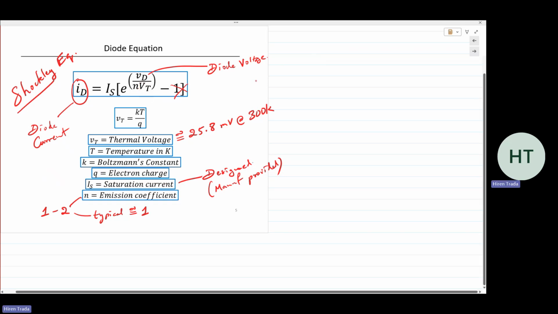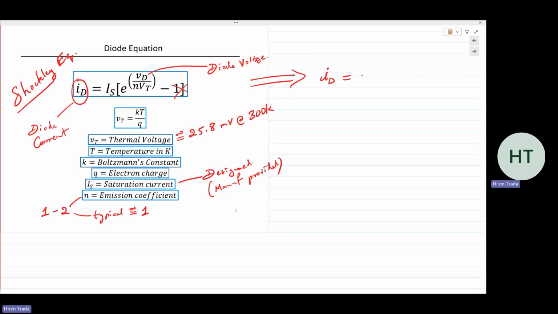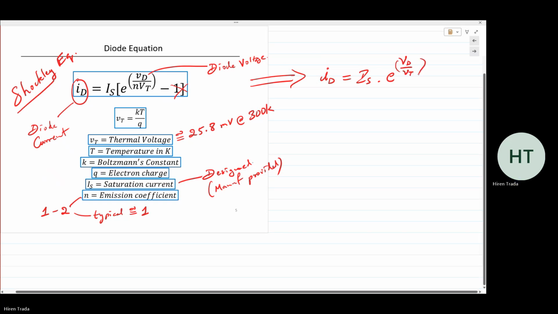So the equation can break down to simply I_S e to the V_D over V_T. That's it. Two quantities, I_S and V_T. This is something we use in the lab too.